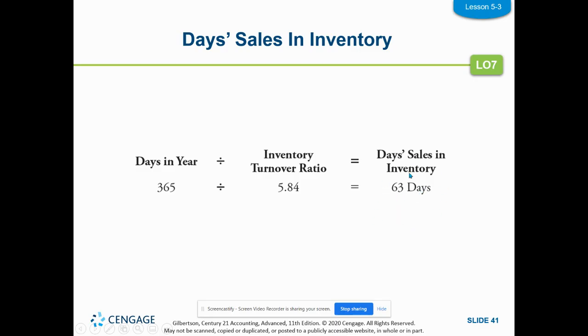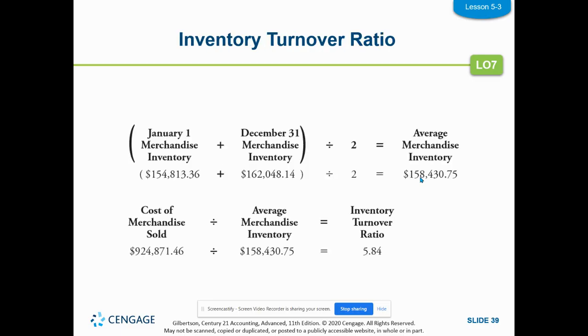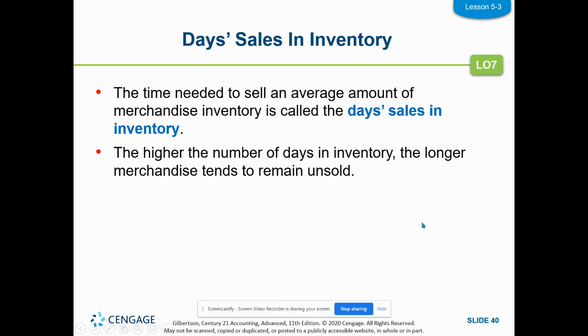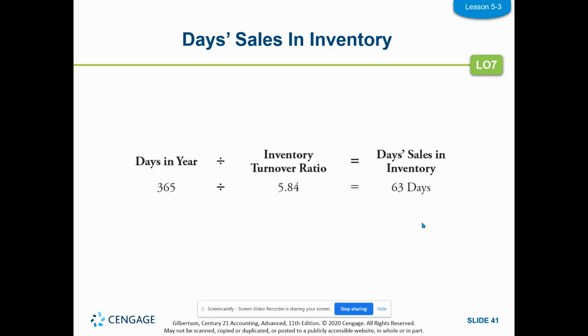So on average, we're buying and selling every 63 days about, what was it, $158,000 worth of merchandise. So those are the two ratios, and that is it for those for this chapter.